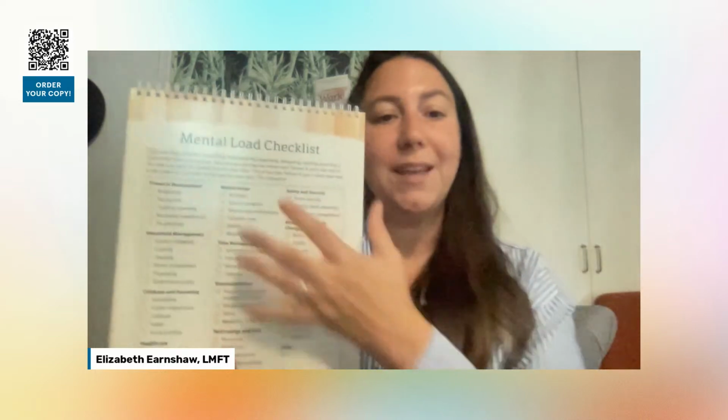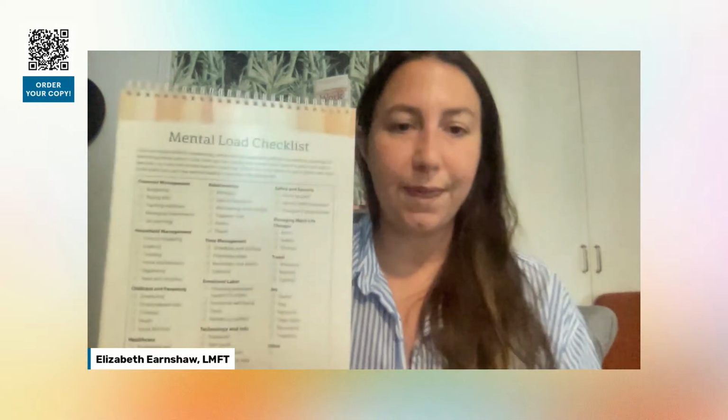They might have understood it previously in theory, but when they see, oh my gosh, Liz has almost everything starred and I only have one thing circled, it brings it to life and shows that there's some disparity and inequity in that relationship. And then you can go from there to help them redistribute.